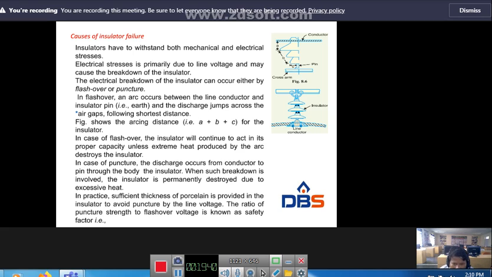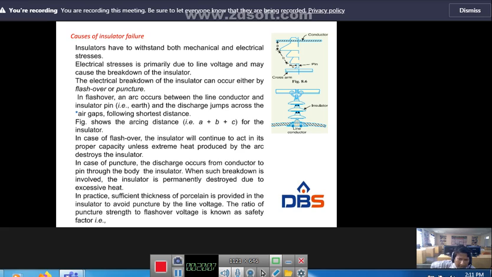So next, causes of insulation failure. Insulators have to withstand both mechanical and electrical stresses. Mainly electrical stresses are due to short circuits and also line voltages that may cause breakdown of the insulator. Breakdown of an insulator may occur because of flashover or puncture voltages.